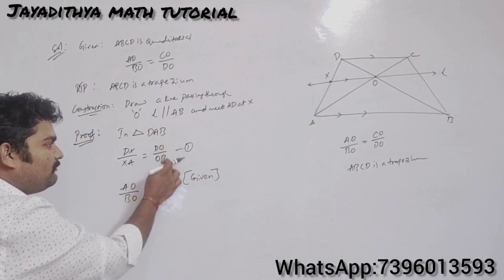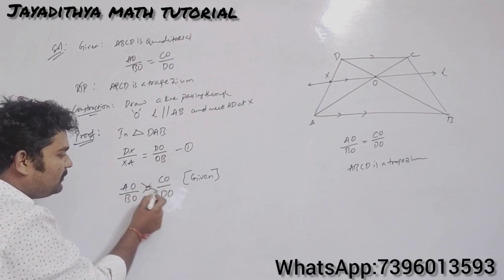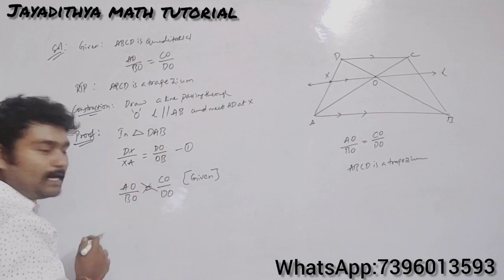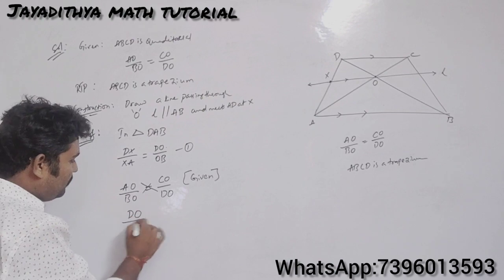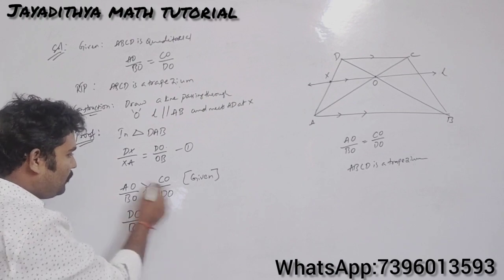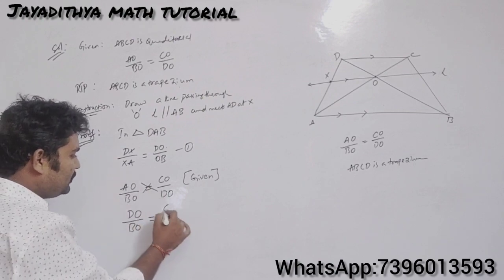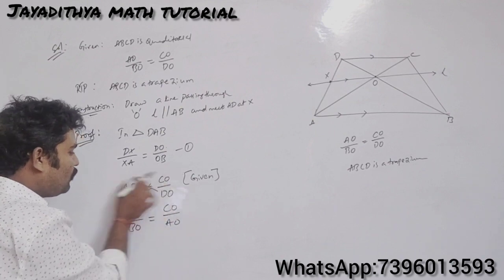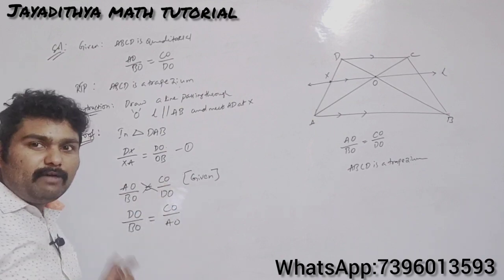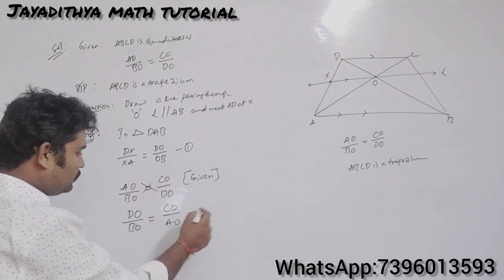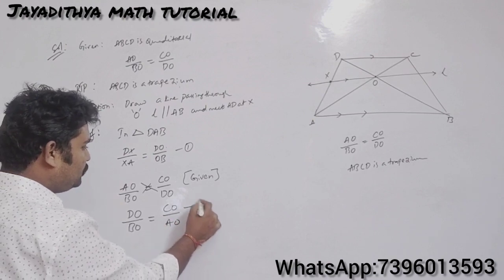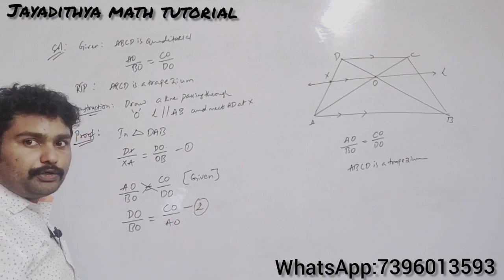If I do cross multiplication here, DO comes here and AO comes down. So this will be DO by BO is equal to how much now? DO by BO will be equal to CO by AO. So this is a very, very important step. Clear? So let us take this as equation 2 here.